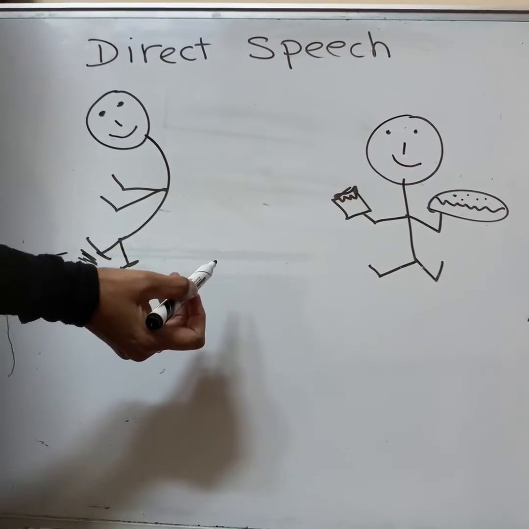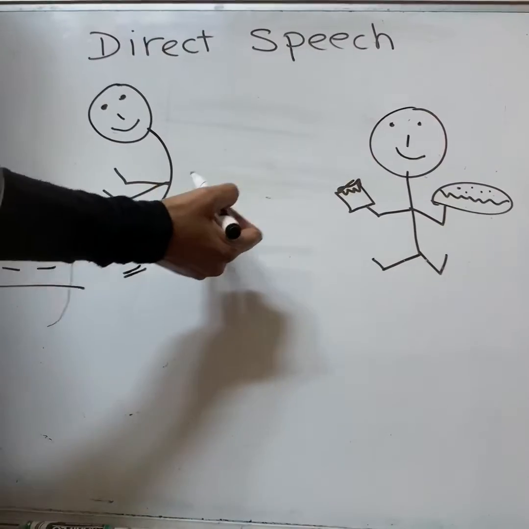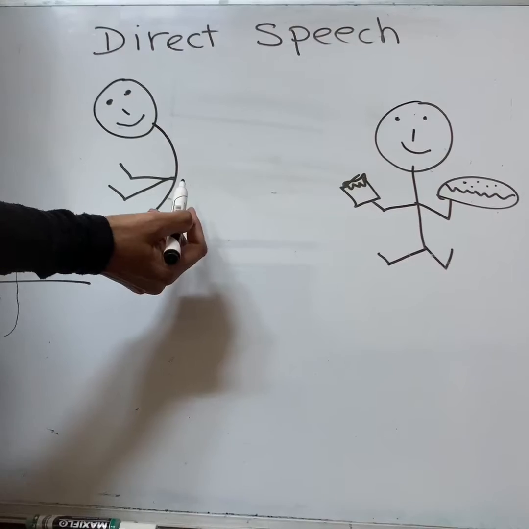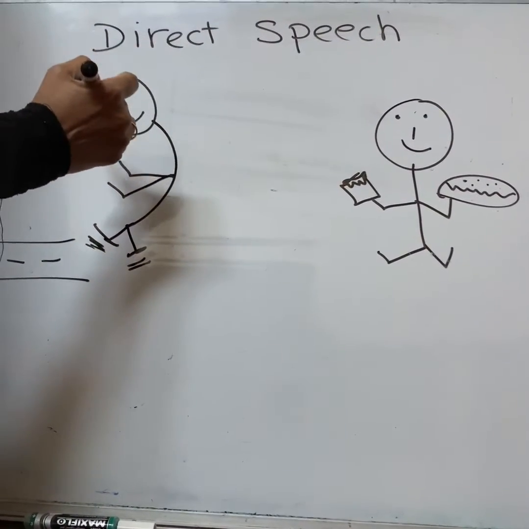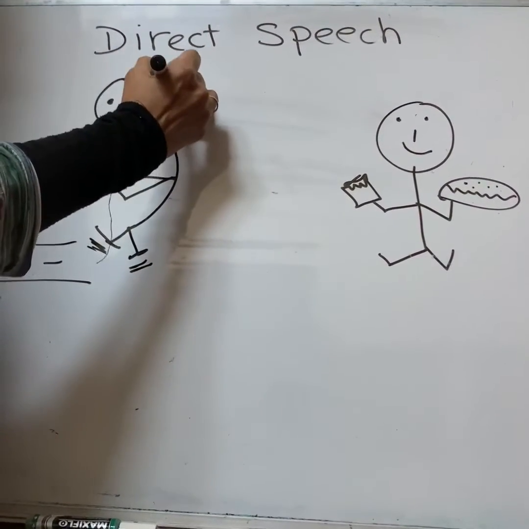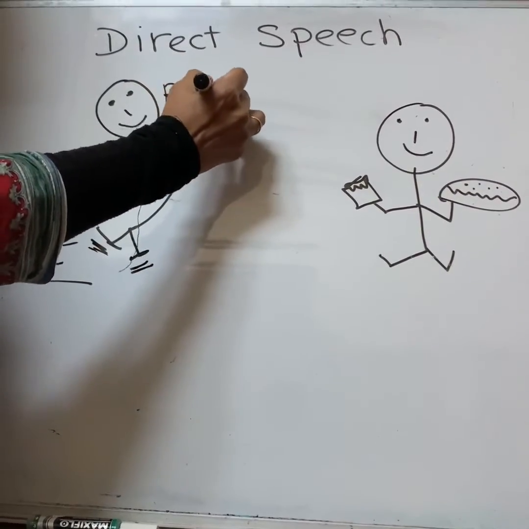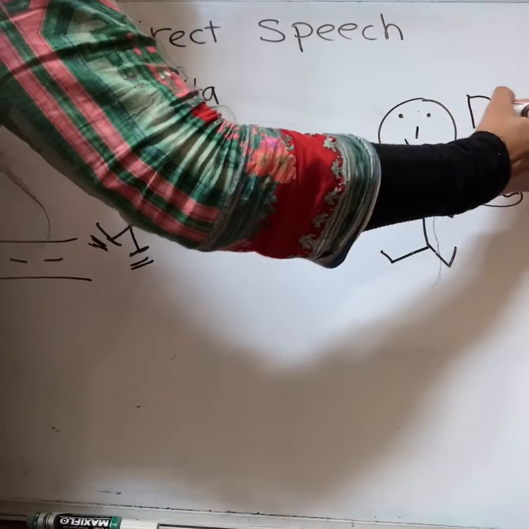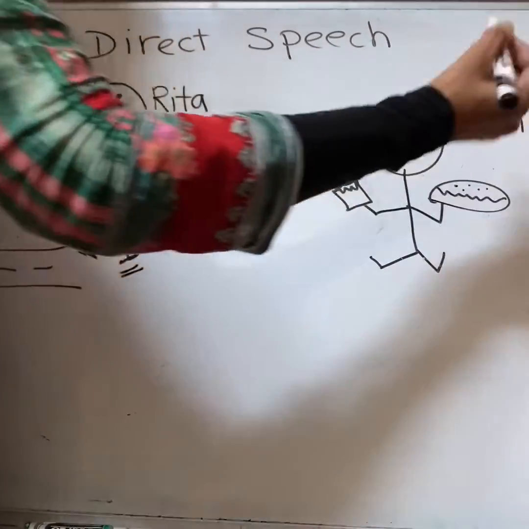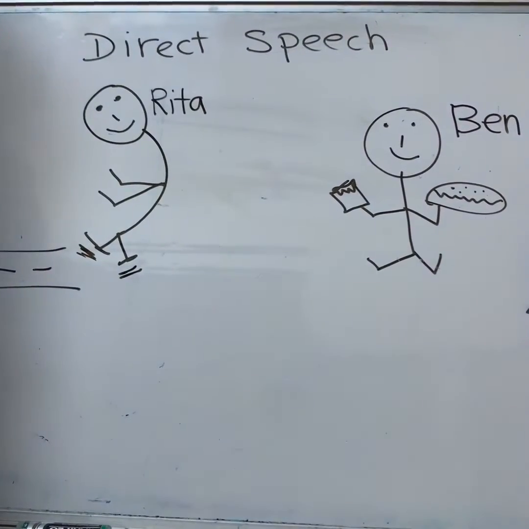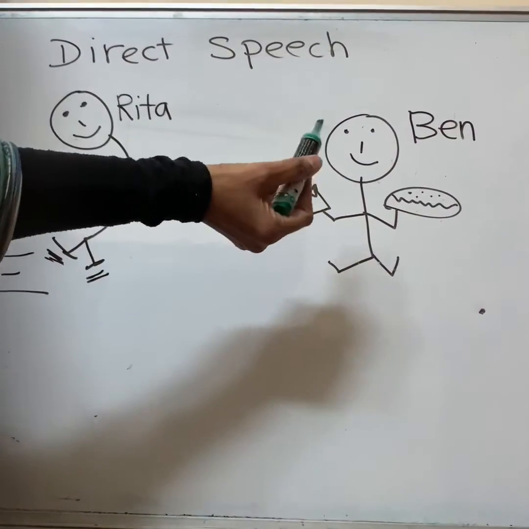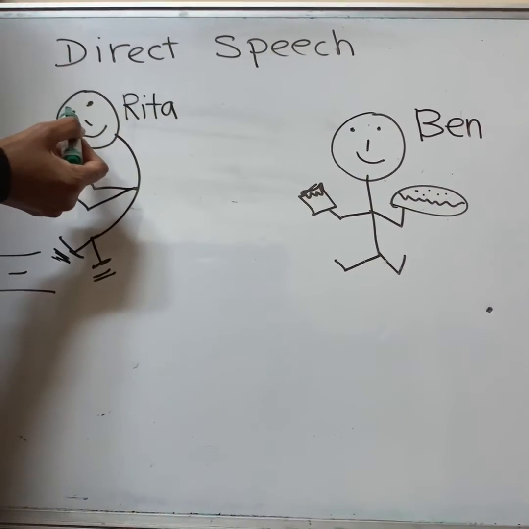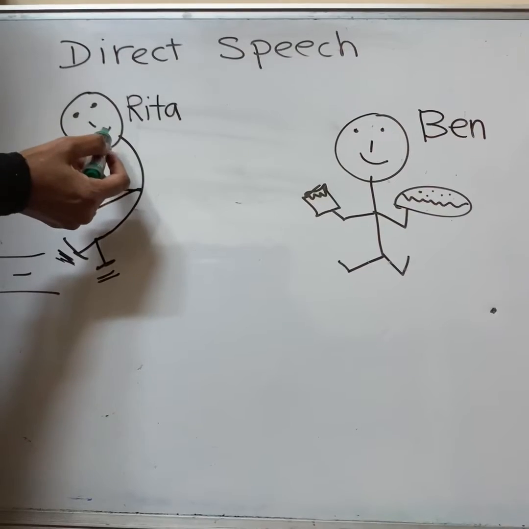Now you can see I have drawn two pencil models here. I will give the name Rita to this pencil model and Ben to this one. Now imagine Ben is asking Rita, "What are you doing?"